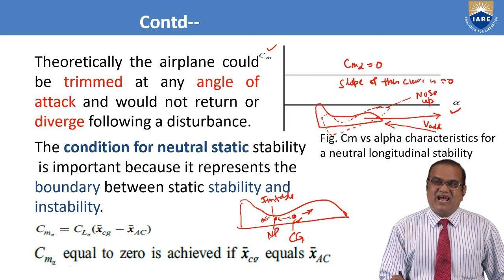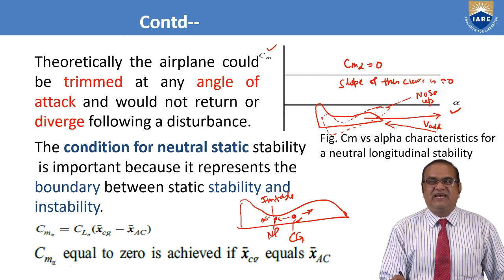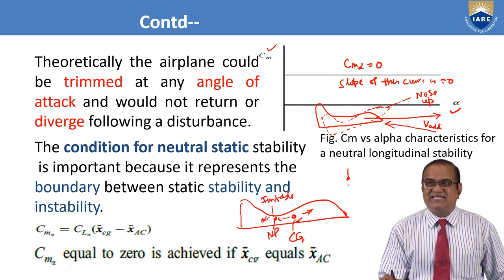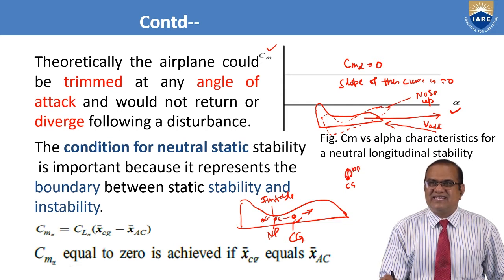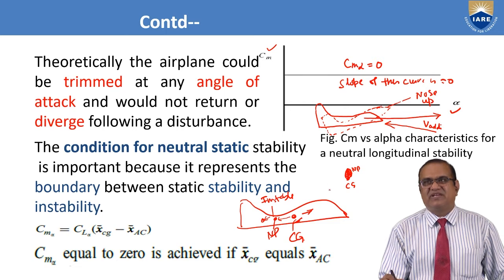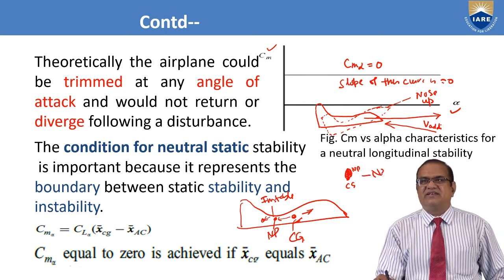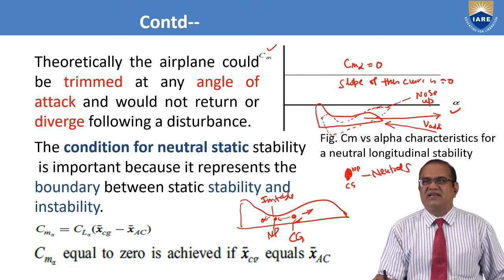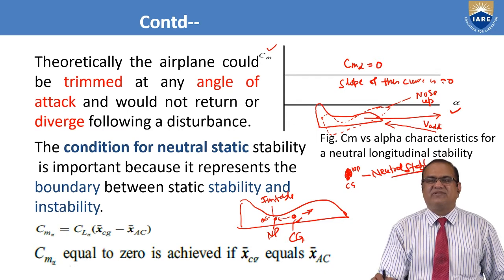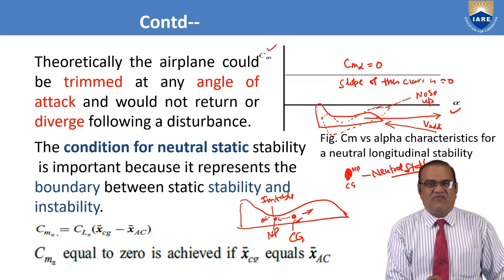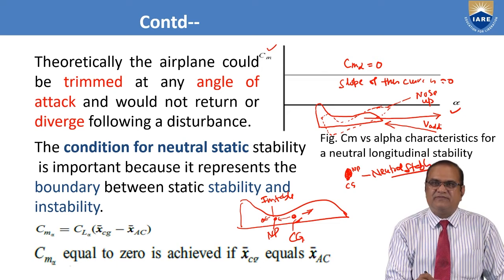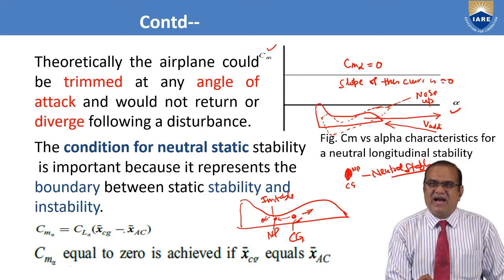If the CG and the NP are at one point, then that is called neutral stability of the aircraft.